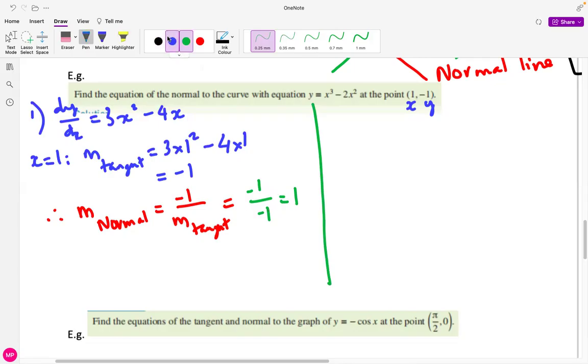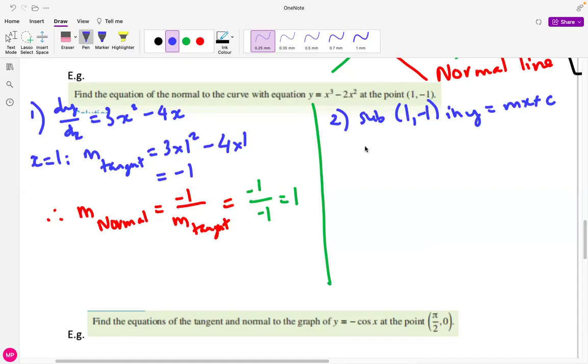Then my next step is pretty much similar to the previous one. I have the point 1 and -1, so I sub 1 and -1 into y equals mx plus c and solve for c. If they didn't give you the y value, then you need to sub back into the original equation to get it.